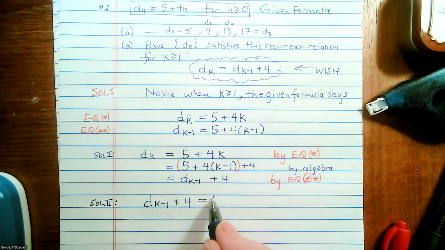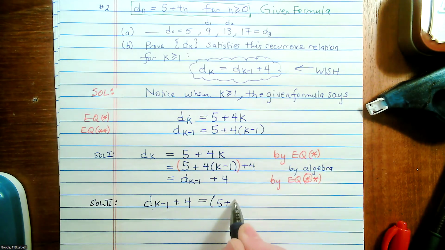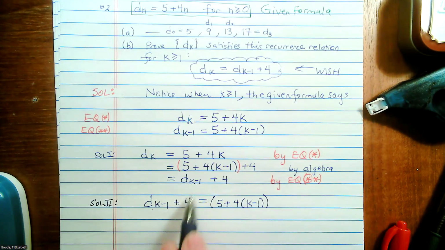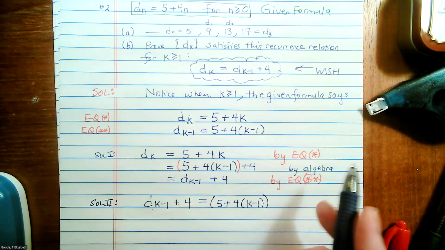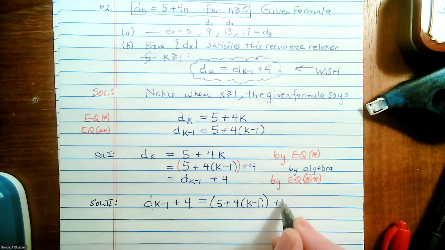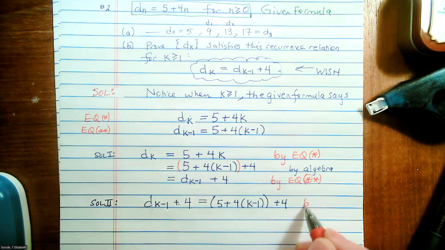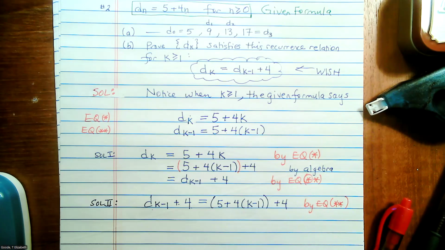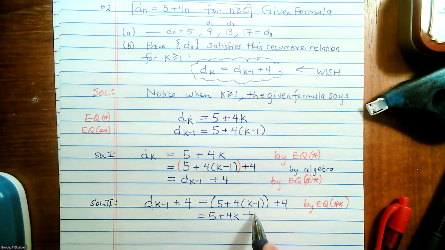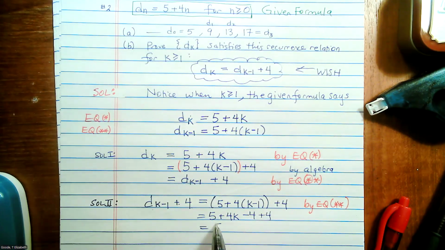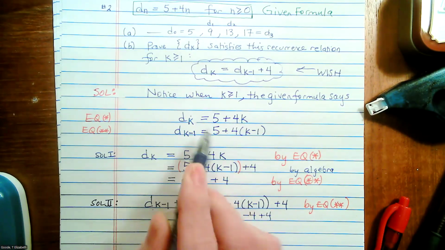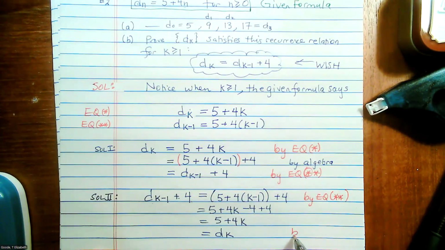I meant to say plus 4. It's 5 plus 4 times k minus 1. That's d sub k minus 1 by equation double star, and then the plus 4. Do you see that? Well, what is this? This is 5 plus 4k minus 4 plus 4, which is just 5 plus 4k, and that is equal to d sub k by equation star.